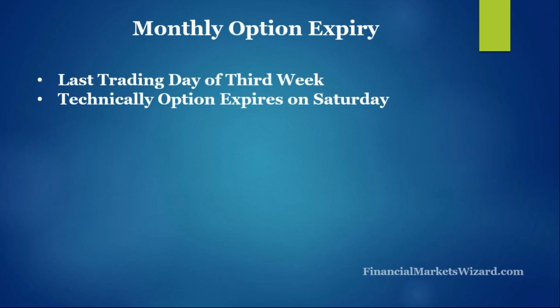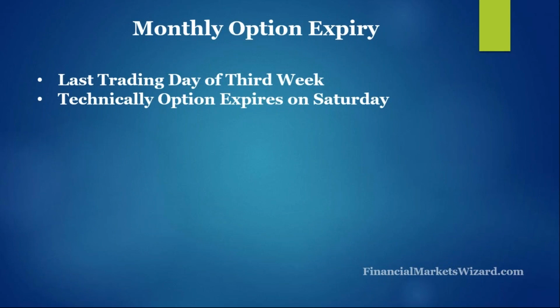The monthly option expires on the last trading day of the third week. The last trading day of the third week is usually Friday, unless Friday is a holiday, then the option expires on Thursday from the trading point of view.